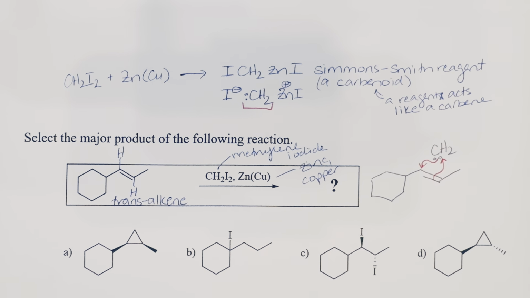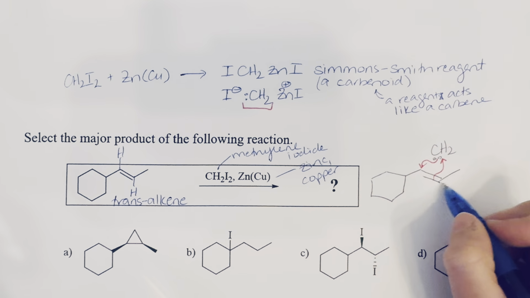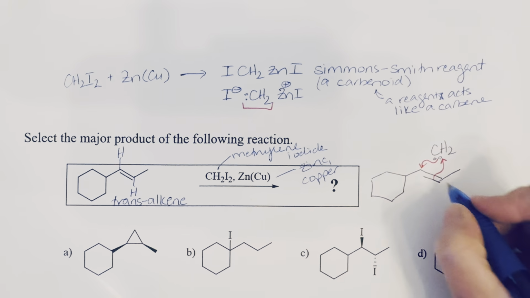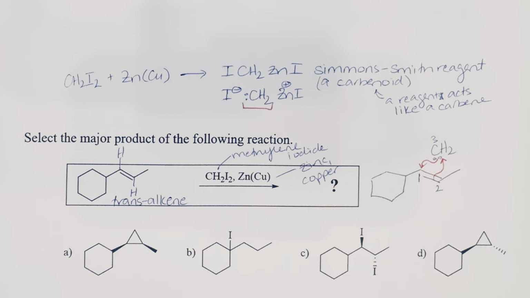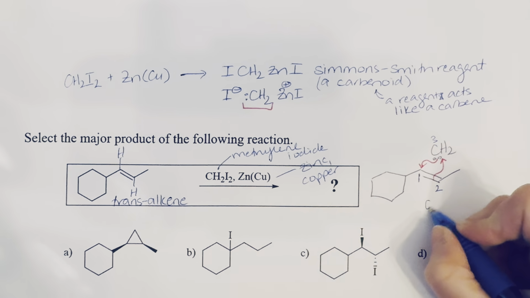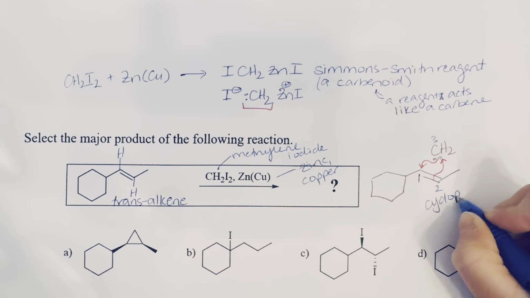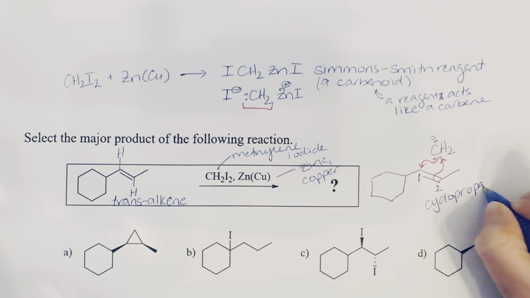And so what we are doing here, if we follow our arrows, is forming a 3-membered ring. So I can count 1, 2, 3. And so if we're making a 3-membered ring, this is a cyclopropanation reaction.